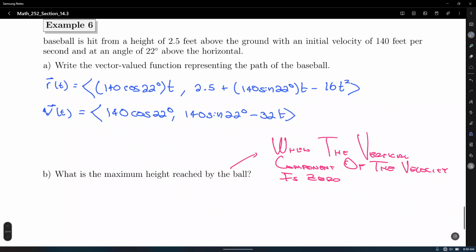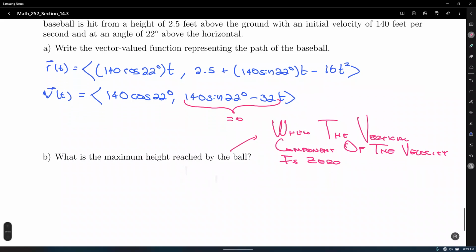So for part B, we need to set only this y component equal to 0. That's going to give us the time when the ball is going to reach its maximum height.